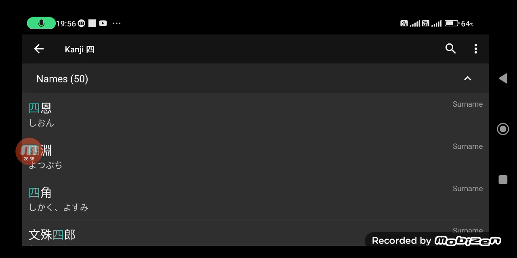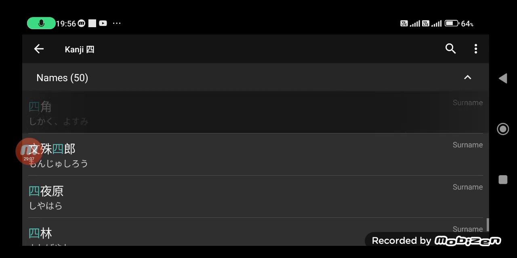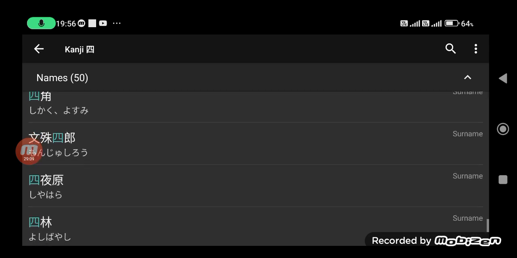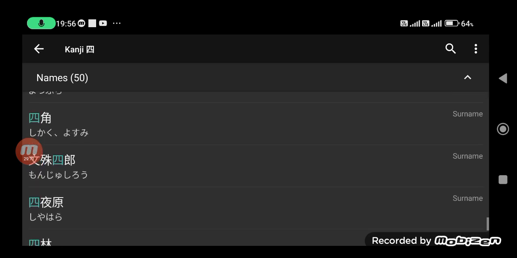Just like this, shion, shi plus on, shion. Shikaku, shiabara. That's three kanji: shi, ya, the kanji for evening, and bara, hara.